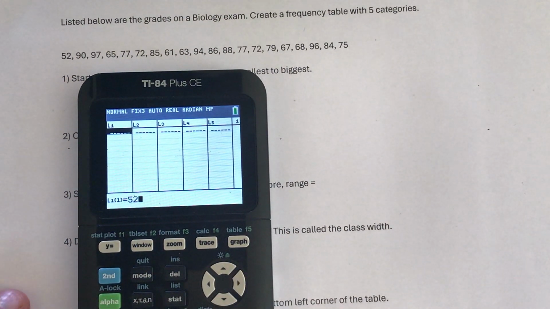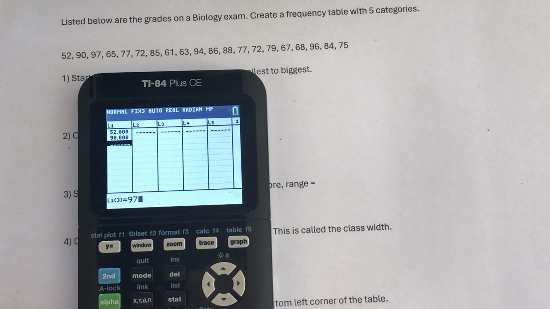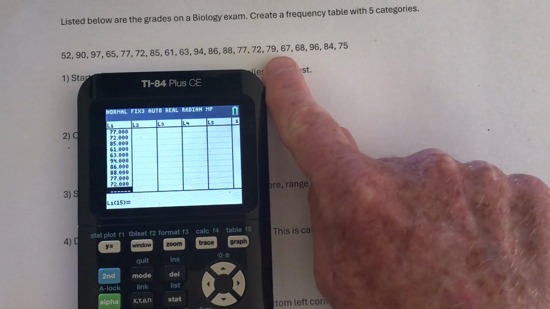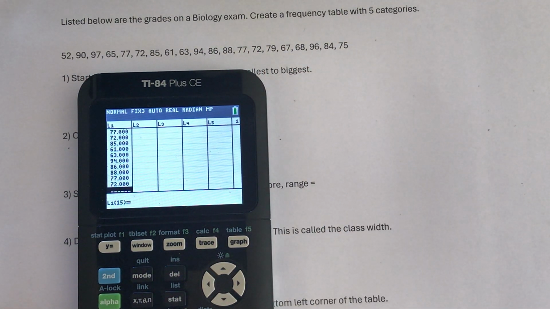I'll just try to do this fast and accurate at the same time. And then right here, I got to this 79, and I'm going to make a mistake. I accidentally typed 76.